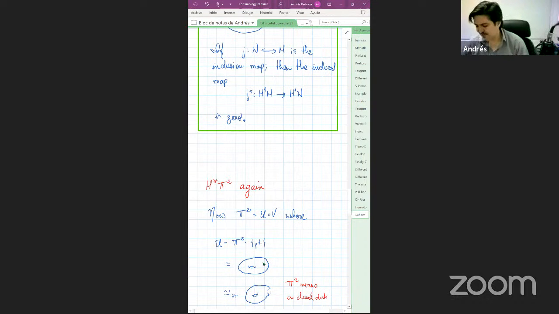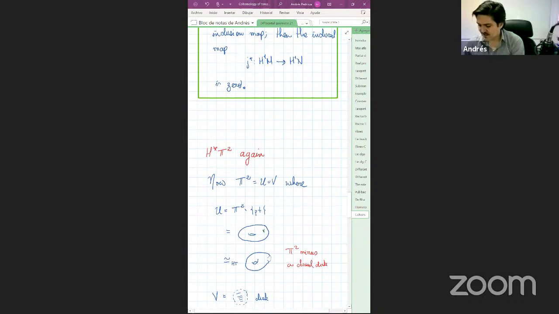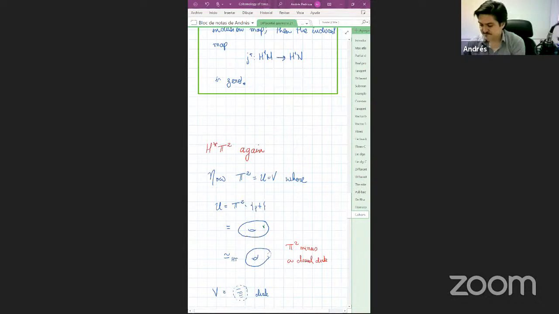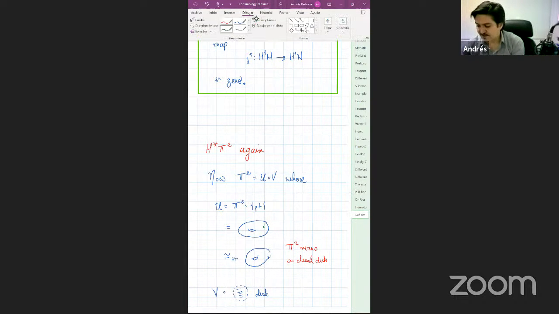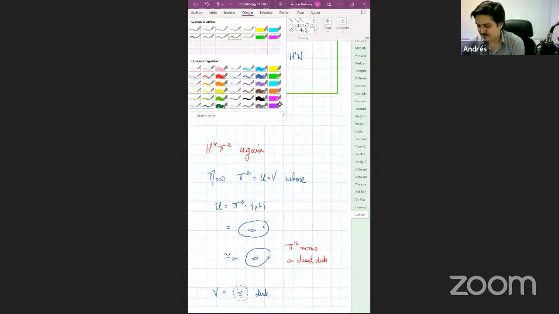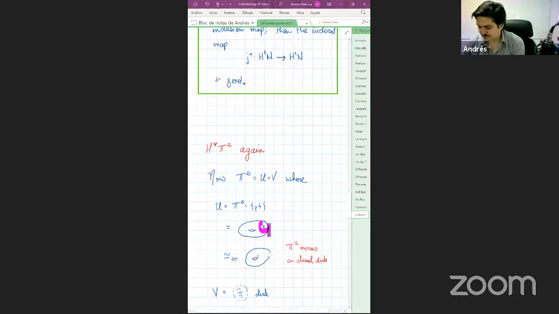And that's what I have here. So that is U. And now V is going to be a disk about the point that is removed. So I'm taking here a disk. Right?